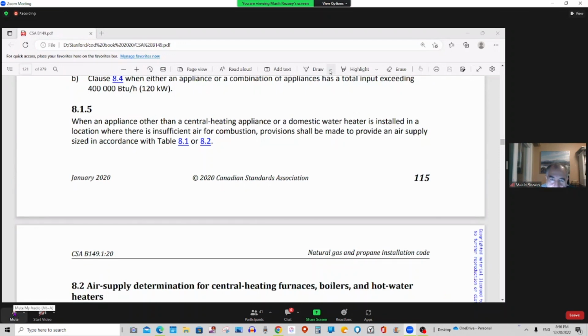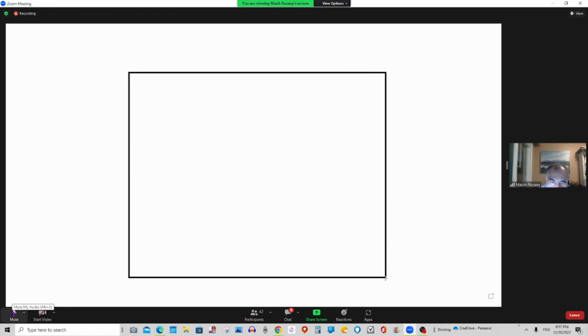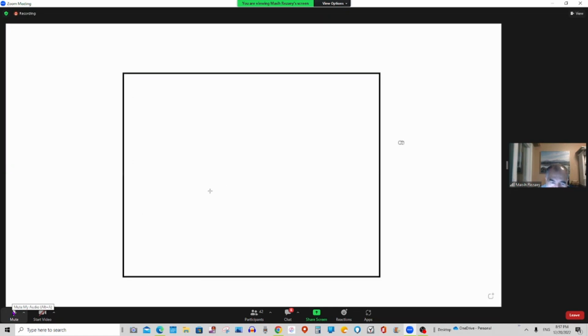Give me a second. I'm going to draw you the picture. Now listen carefully. This is the tight house. In the tight house, I have a furnace room. In the furnace room, I have 2 appliances. One has a draft control, one without draft control. The draft control is natural draft.